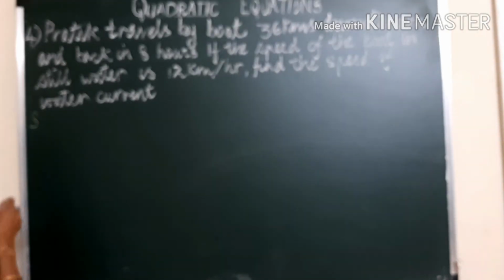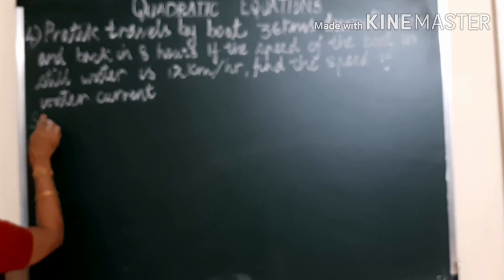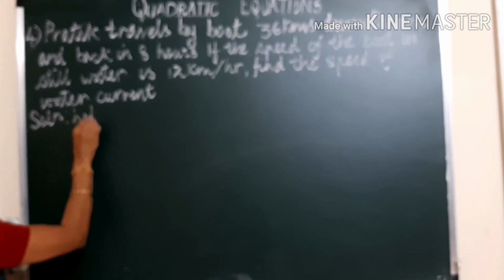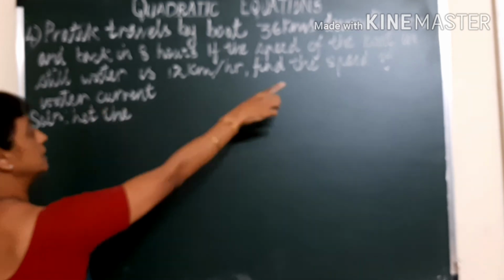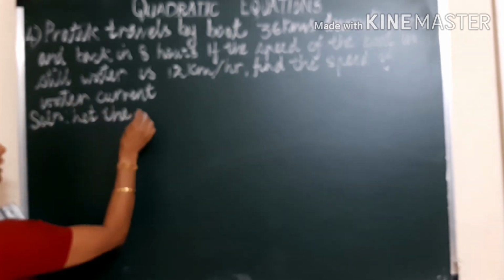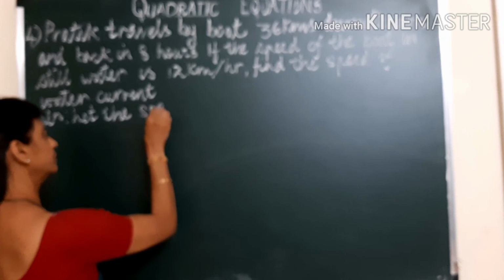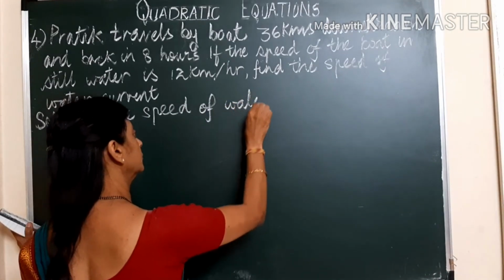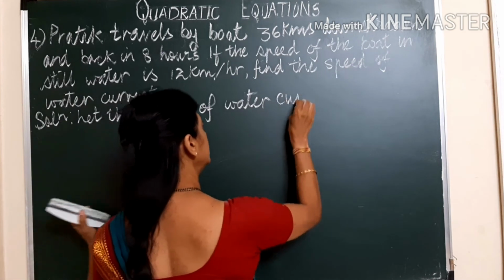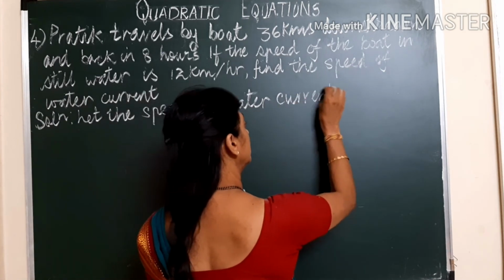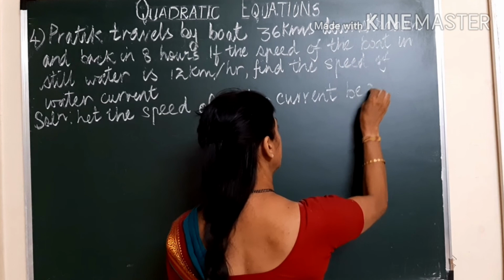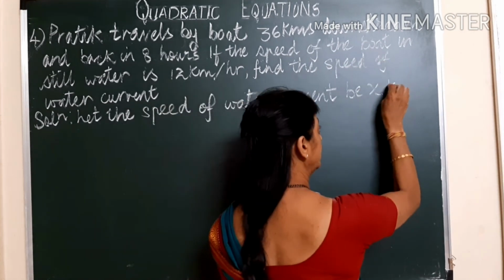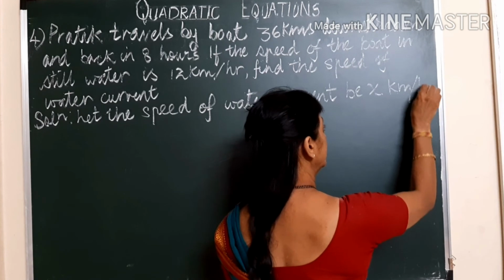So the solution: let the speed of water current be x. Now what will the unit of speed be? Kilometers per hour.